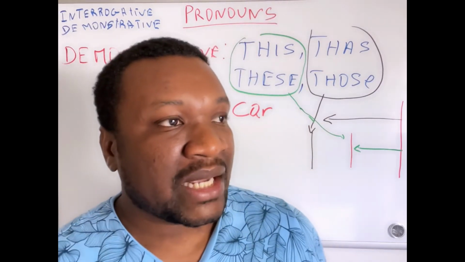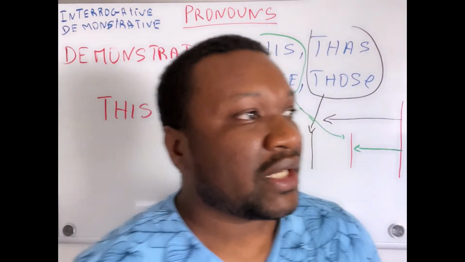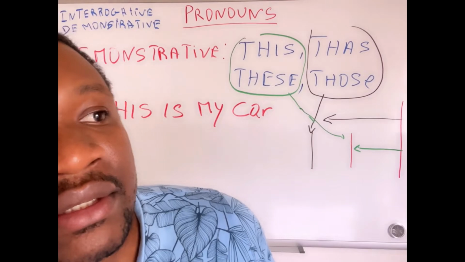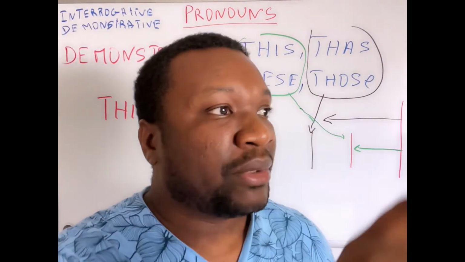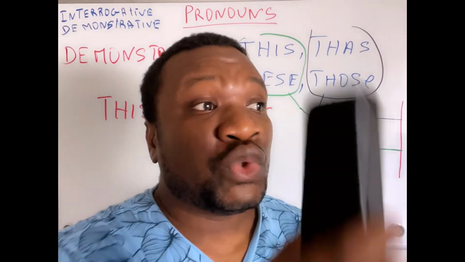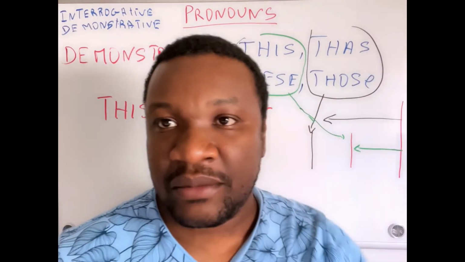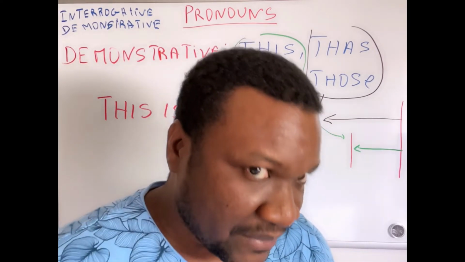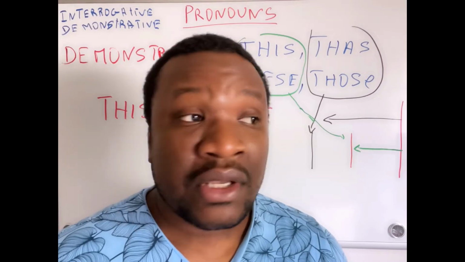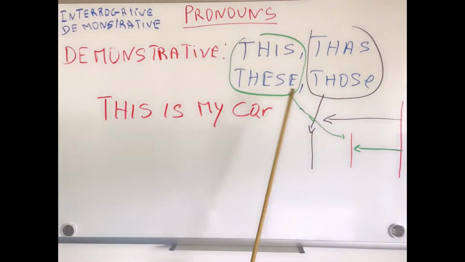But if I'm talking about the house over there and the car over there and the boat over there, I can say those things because they are far away from me. When they are close to the speaker, you use this or these, but when they are far away, you use that or those.